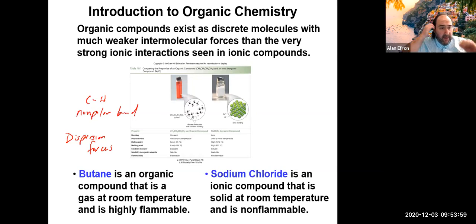And again, remember, intramolecular forces are always stronger than intermolecular forces. We typically see sodium chloride as a solid at room temperature, super hard, not very flammable, and you can't really get it into the gas phase because of that really strong attractive force that holds it together.